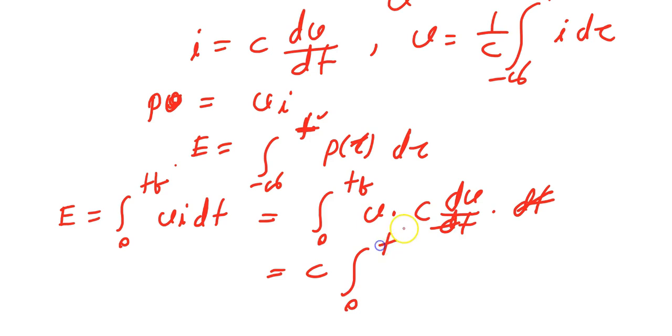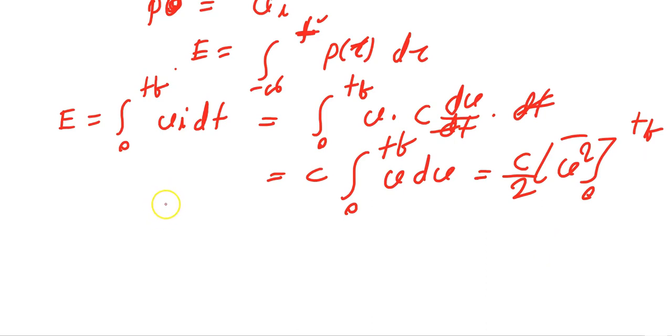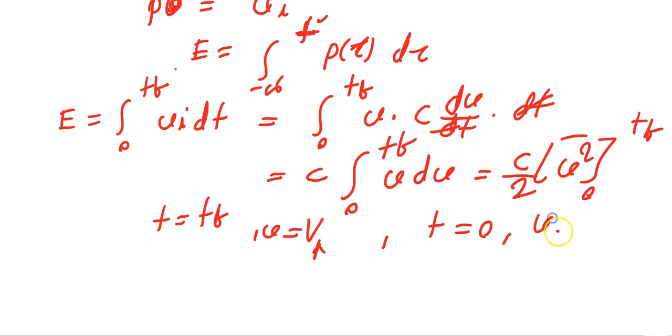So 0 to TF of V dV, which gives C by 2 V square, from 0 to TF. If at time t equal to TF your V is capital V, that is, it has charged up to this particular voltage, and it starts from 0, that is, at t equal to 0, V equal to 0, then energy stored in the capacitor will be C by 2 V square, right?